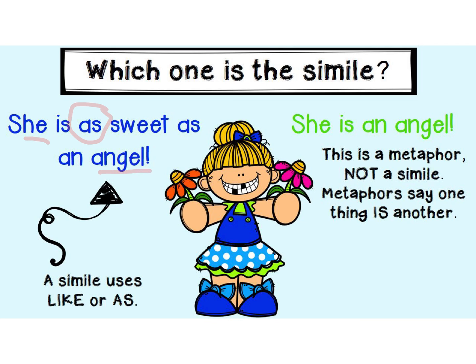So that would be a simile, and it has as in it. When I look at the other one, she is an angel, it doesn't have like or as, so it's not a simile. This one actually is a metaphor, which we'll study this year also. Metaphors say one thing is another thing.